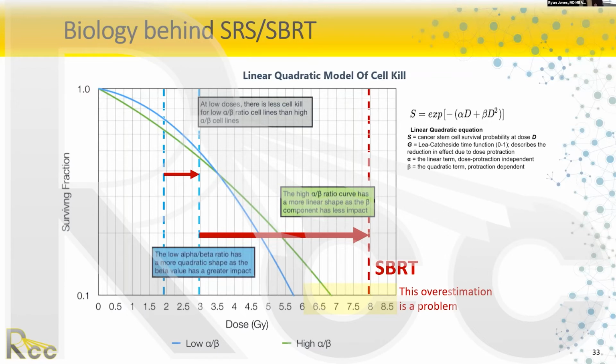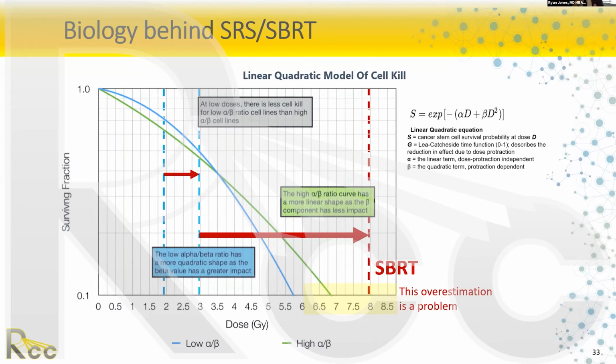And there are different cell lines even within the cancers that demonstrate different alpha betas, for example, different cell lines of lung cancer. We normally, for simplicity, call on our formulas alpha beta of tumors 10. We know that that doesn't always apply. For example, most breast cancers are now believed to be about a 4.